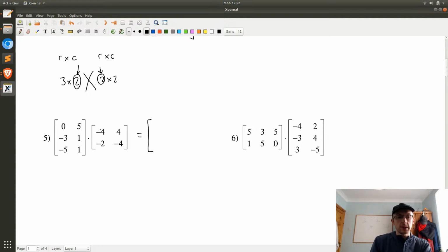0, 5 times negative 4, negative 2, that's negative 10. 0, 5 times 4, negative 4, that's negative 20. And we're done with the first row. Negative 3, 1 times negative 4, negative 2 is 12. Take 2, which is 10. Negative 3, 1 times 4, negative 4 is negative 12.